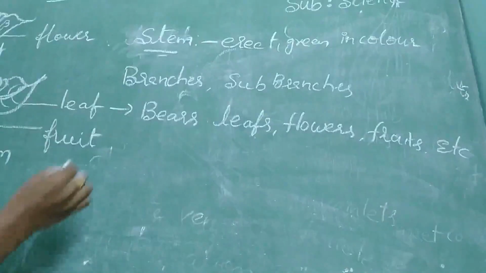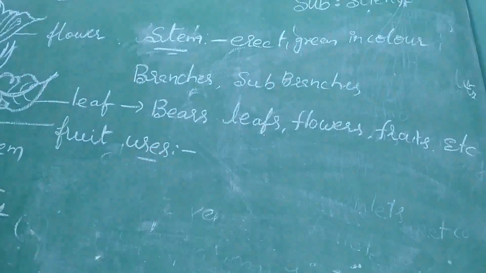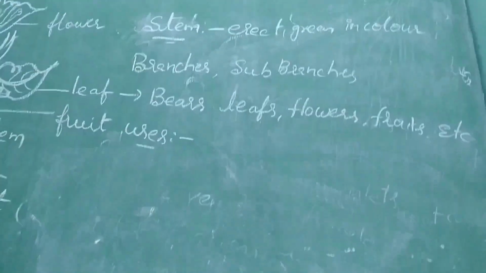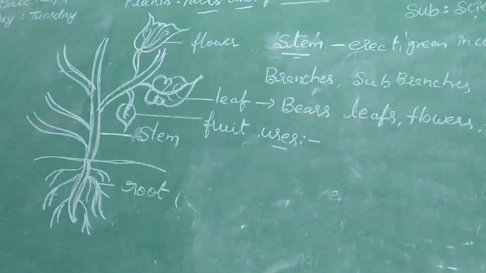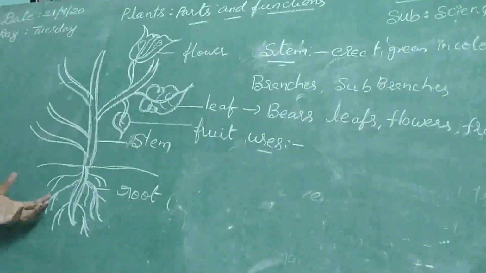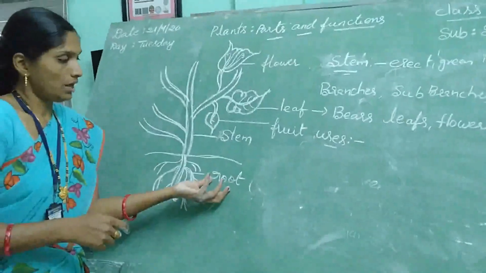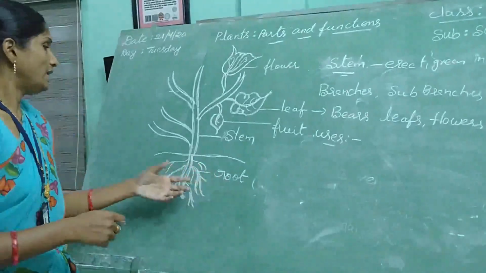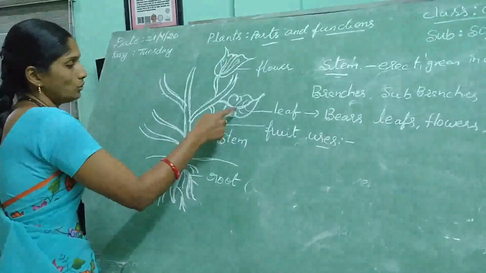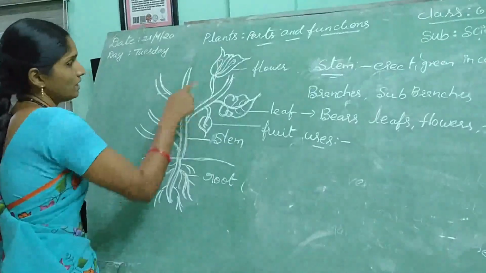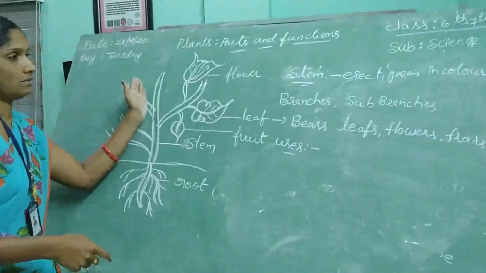The second point is, what are the uses of the stem? The water and minerals absorbed by the root are supplied to the leaves, fruits, flowers, stems, sub-branches, etc. through the stem.